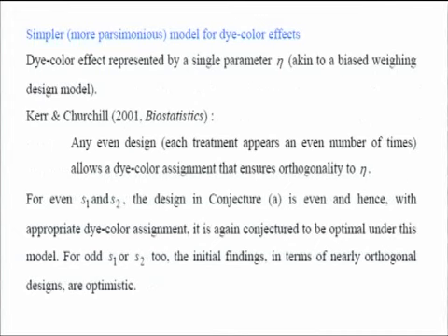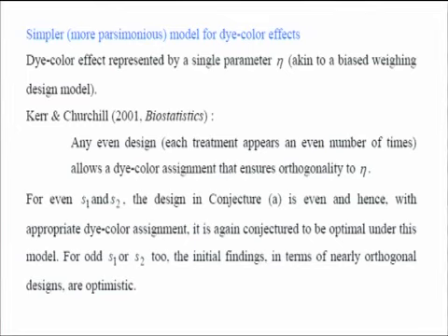And then, we assumed for the dye color bias that the dye color is a separate factor which can possibly interact with the factors of interest. We do not do that. We represent the dye color bias by just one parameter, one additive parameter. Then the situation is like that in biased spring or chemical balance weighing designs, and this problem was considered by Kerr and Churchill in some detail in this case, and this result is very important.